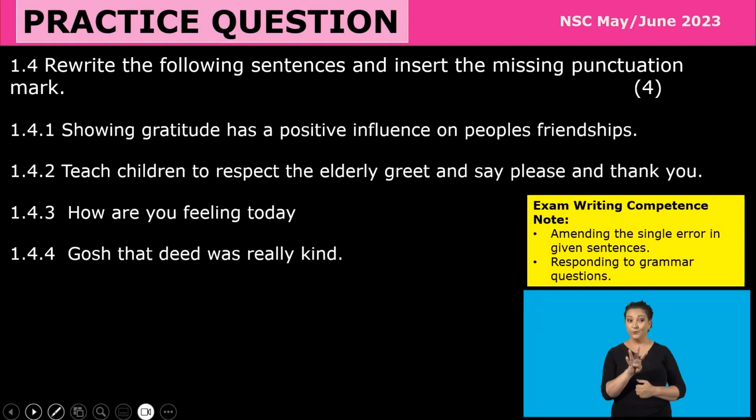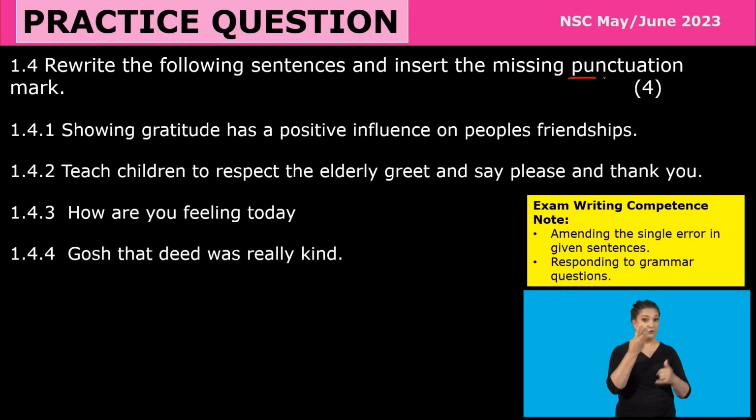In question 1.4, rewrite the following sentences and insert the missing punctuation. Now, please take note, we are looking for punctuation marks, and you recall your comma, your hyphen, exclamation, question mark, all right, your brackets, all of those are coming into contention for this question. So let's go. 1.4.1.